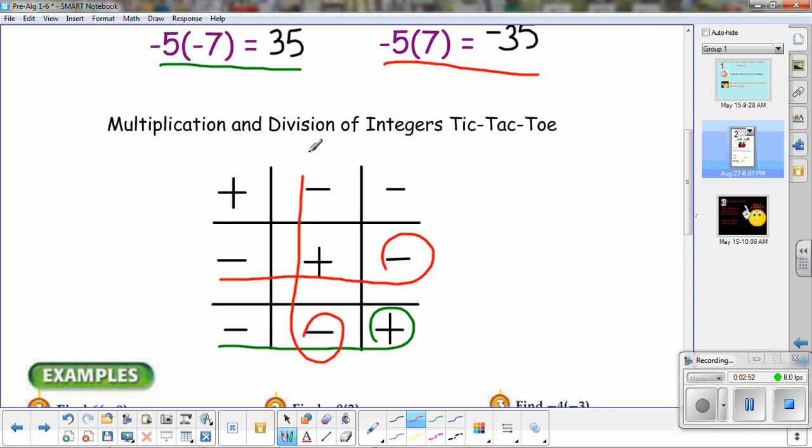Or if we go back to this first one, a negative times a negative is positive. That could be another helpful hint. Say when you take your quiz on Friday or your test for this unit, you could draw this up in the corner of your test, and that can be something you refer to when you're working with multiplying or dividing negatives.